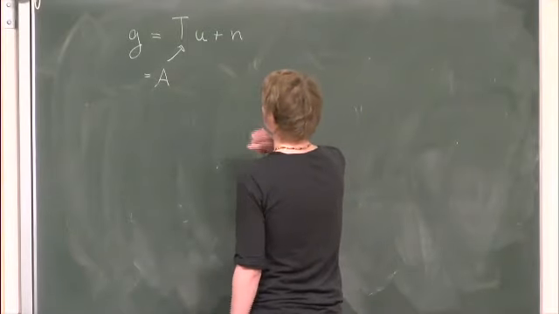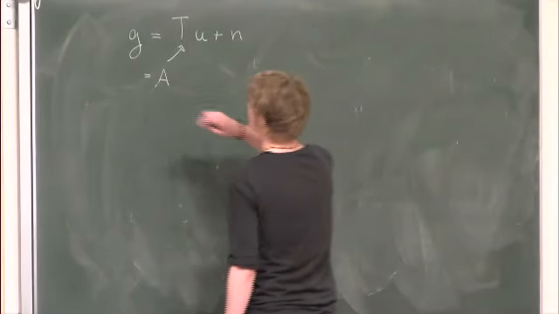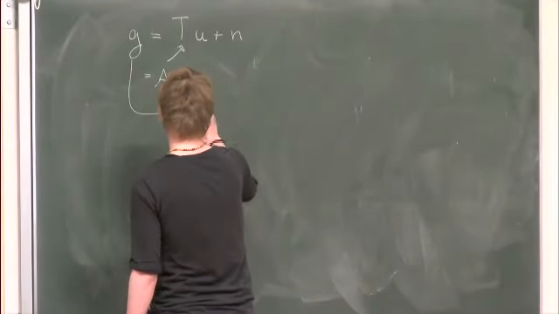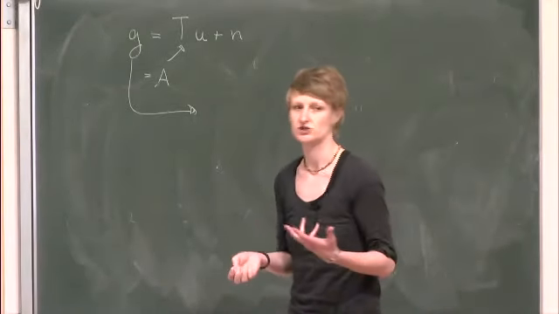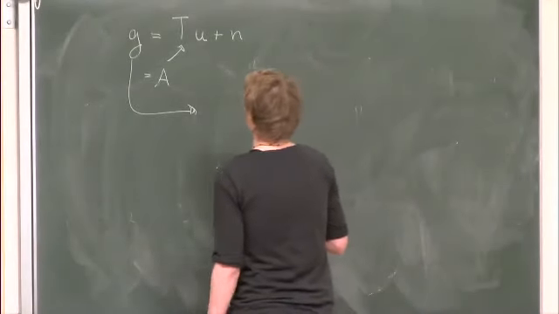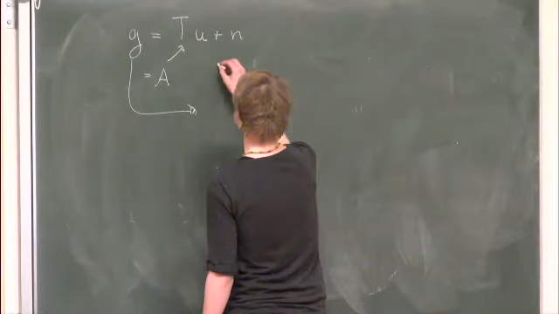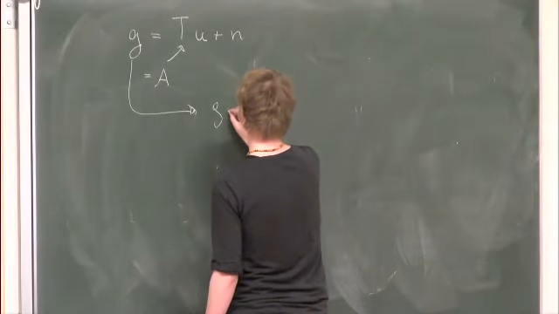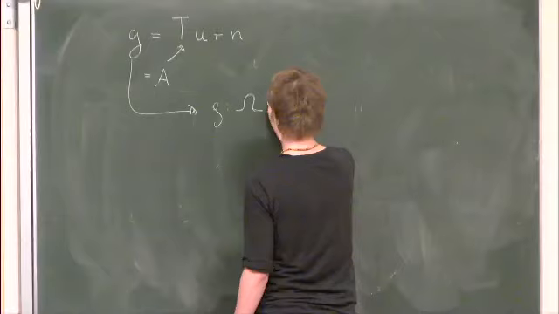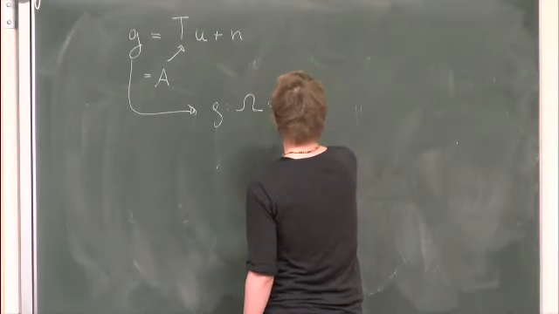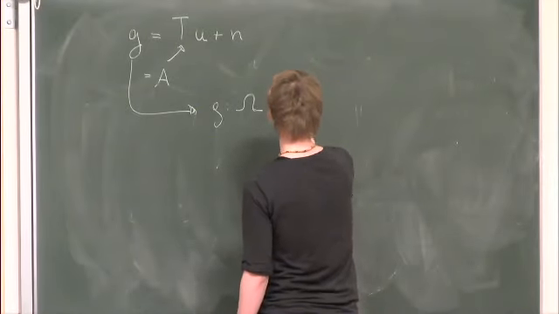In particular, what I'm interested in is situations where this G, the image that I observe, is huge, has a very large dimension. Say I have an image G defined on some spatial domain omega, which for now is in R2, because I cannot otherwise draw it very well on the blackboard.